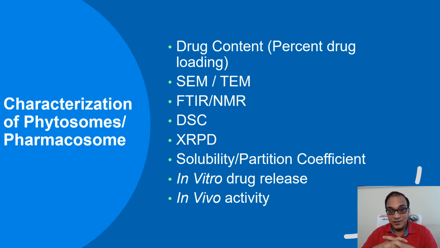DSC for thermal analysis, solid state characterization by X-ray diffraction, XRPD, high resolution XRPD may be adopted for seeing the crystallinity. Solubility and partition coefficient: obviously, what change is being brought by the NDDS can be seen by the solubility study, the partition coefficient studies or the permeability study. In vitro drug release study and in vivo activity studies are the characteristic parameters.